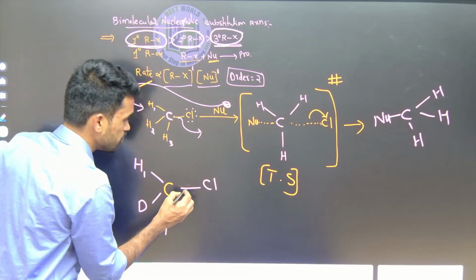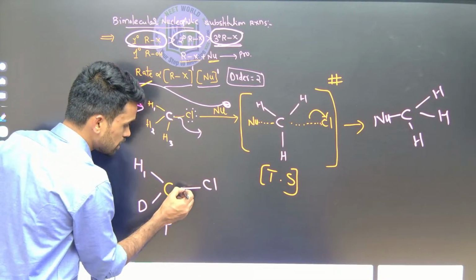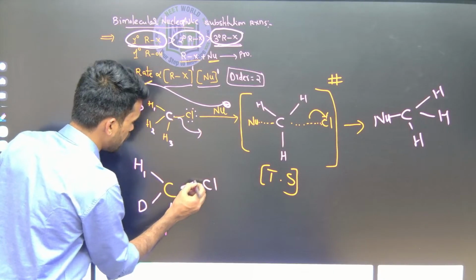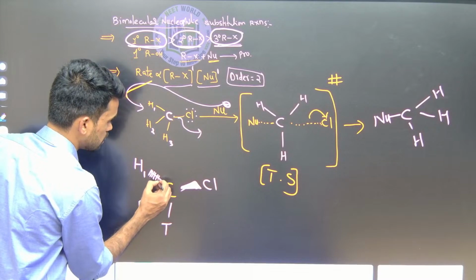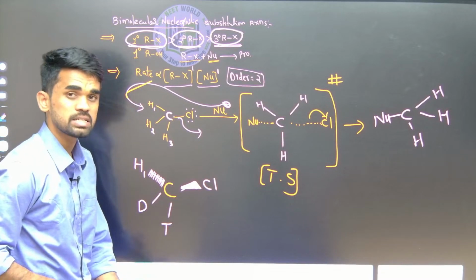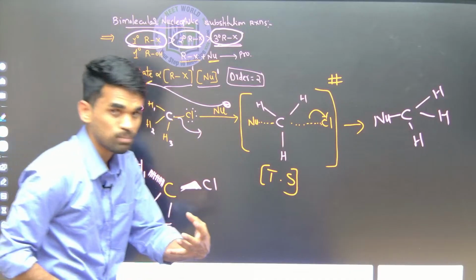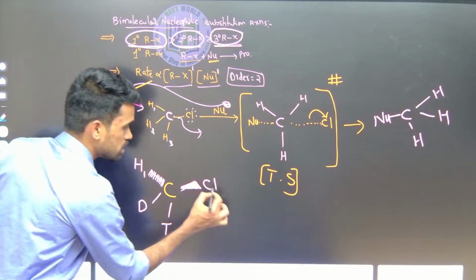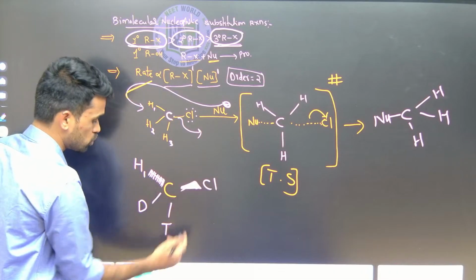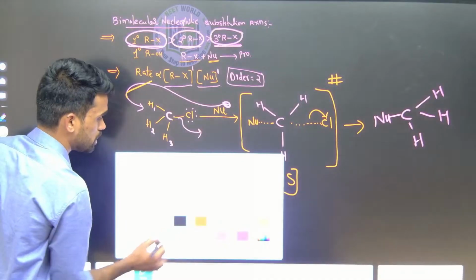Let us say this chlorine is above the plane and our hydrogen is below the plane like this. Now I told you about RS nomenclature in the last class. Anyways, I will be explaining here once again. Please follow me. Chlorine, based on atomic numbers, we prioritize the group having the highest atomic number, so chlorine.